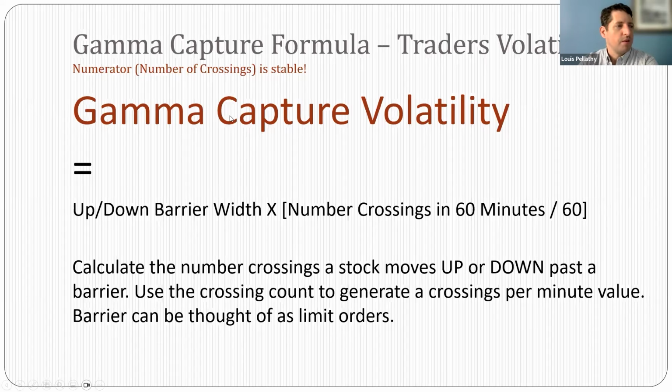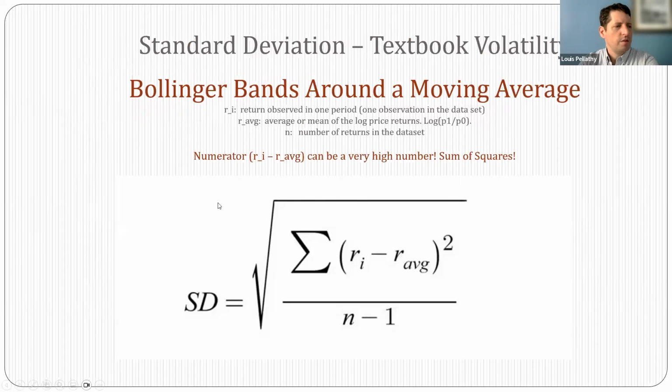That's the benefit of gamma capture: we're using a completely different measure for calculating volatility. Standard deviation will break down in jumps because you're squaring the differences, summing the squares, and only then taking the square root. So an outlier will make this number very big very quickly, and it will render your Bollinger Bands useless.